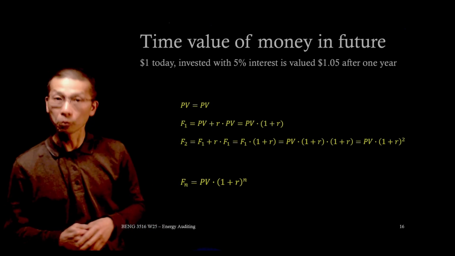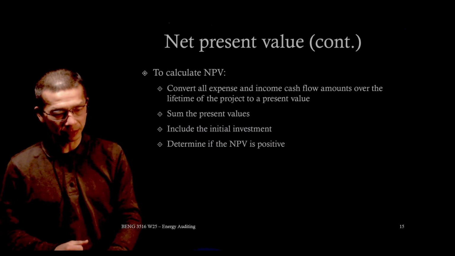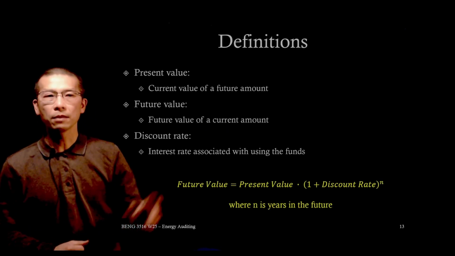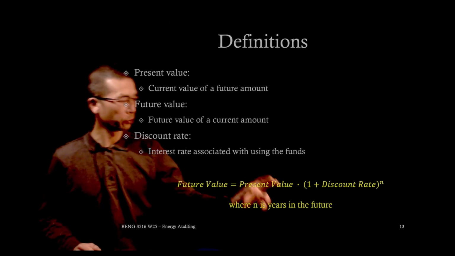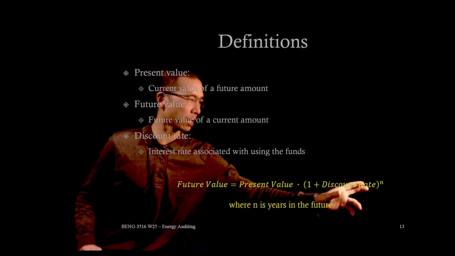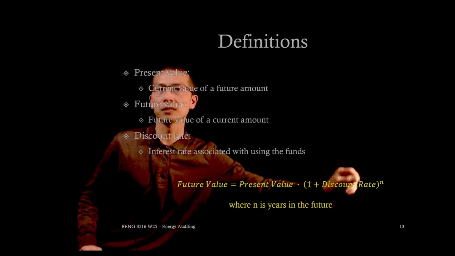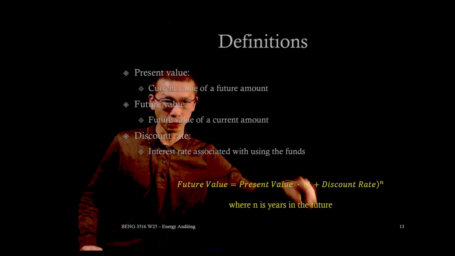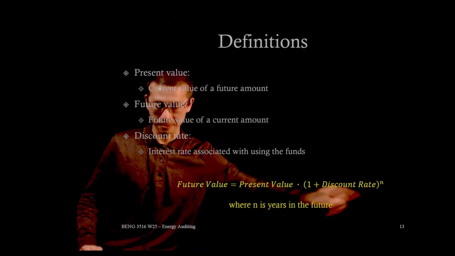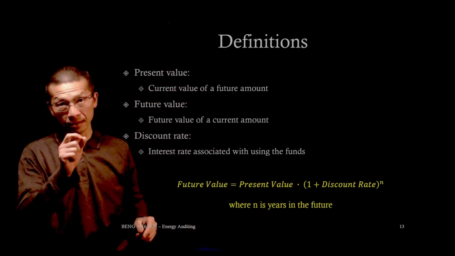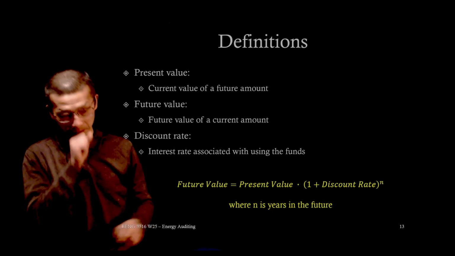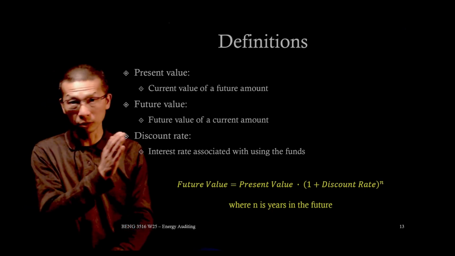Okay, so we saw that equation a few slides ago. Let me show you again. Future value is equal to present value multiplied by 1 plus discount rate to the power of n. And that n is how many years? The number of years. Now to the future, right?